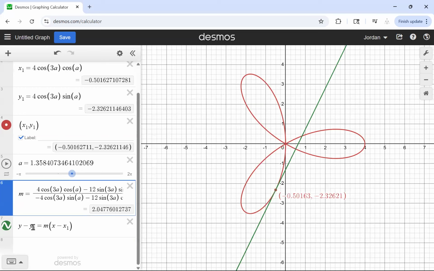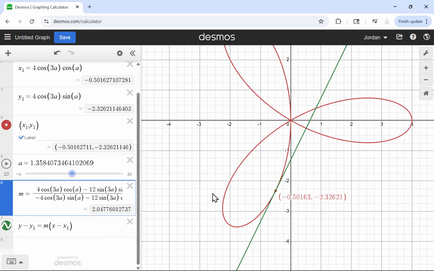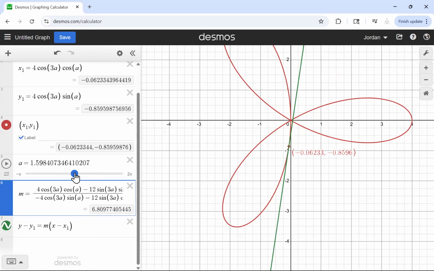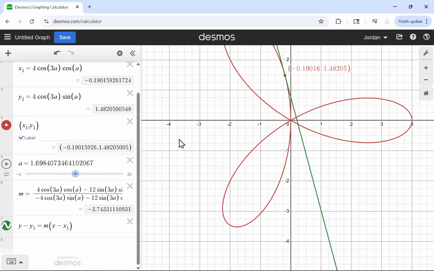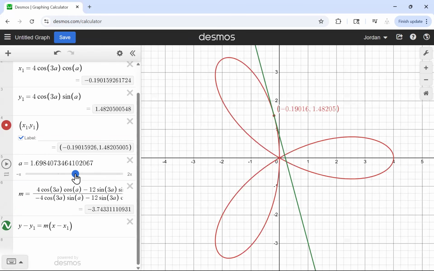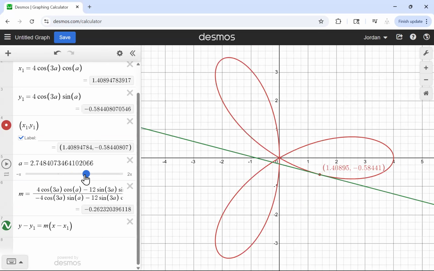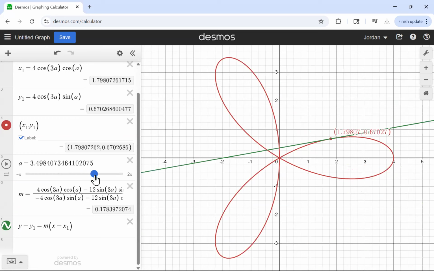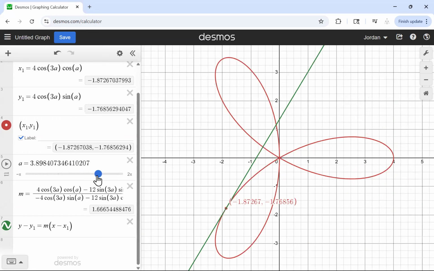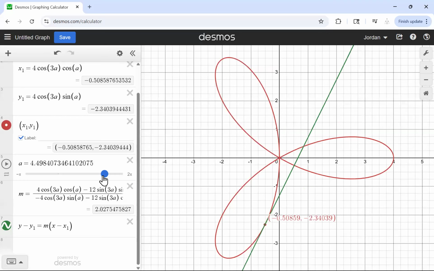So if I look at the tangent line, sure enough, I am getting what looks to be the correct tangent line. And as I move A around, that tangent line looks like it follows the curve pretty well. Again, we're just moving the point around, and then it is automatically computing the slope of the tangent line.